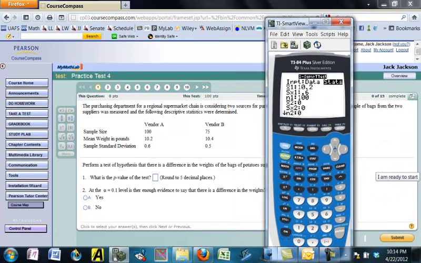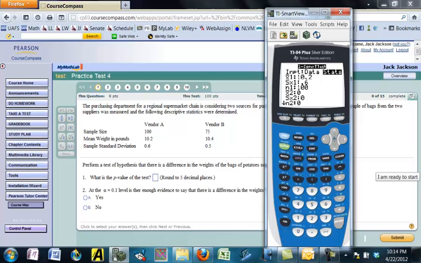Now these are supposed to be 10-pound bags. They're a little heavier on average. X bar 2 is 10.4, a little heavier. Standard deviation 0.5, a little less standard deviation, and a smaller sample size of 75.